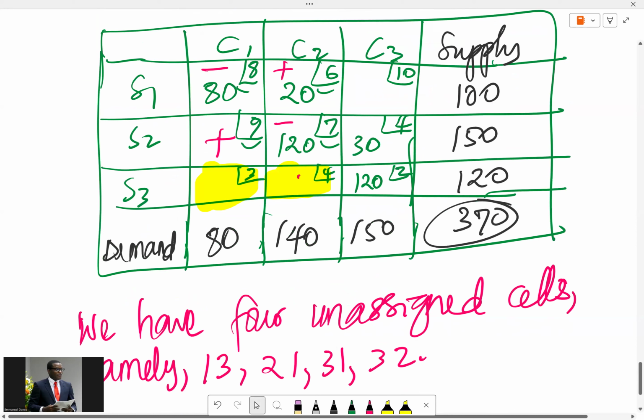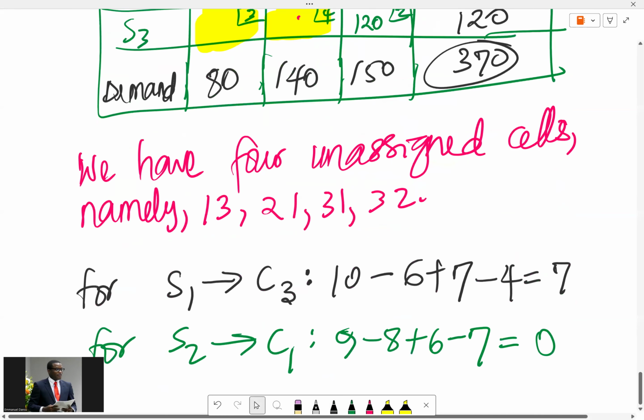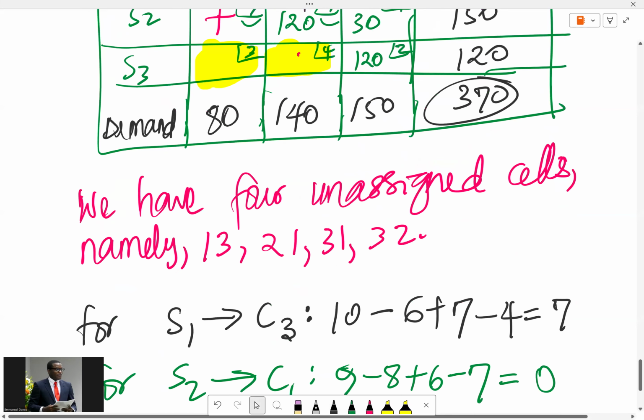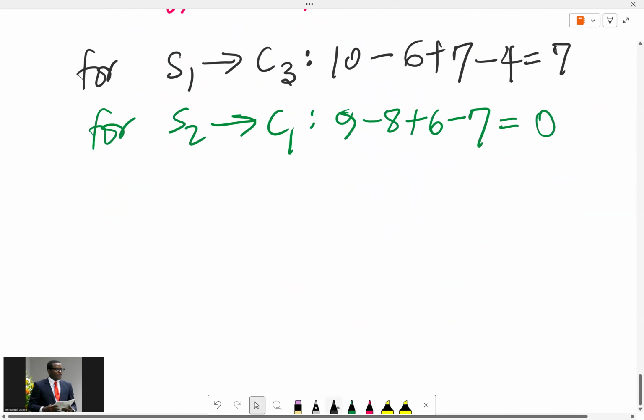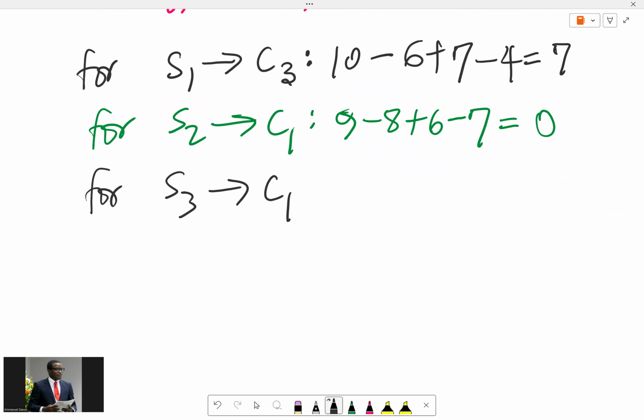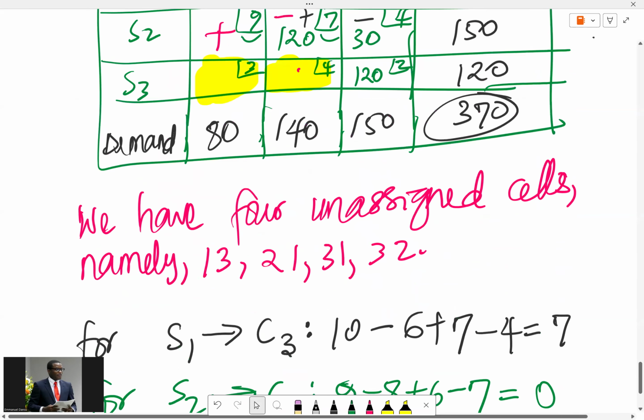So the next thing now, maybe I should have just maintained that before. Here we had plus, minus, plus, minus. If I use different markers, I can keep up with the flow. Then the next thing is S3 to C1, supplier 3 to consumer 1. What does that give us?